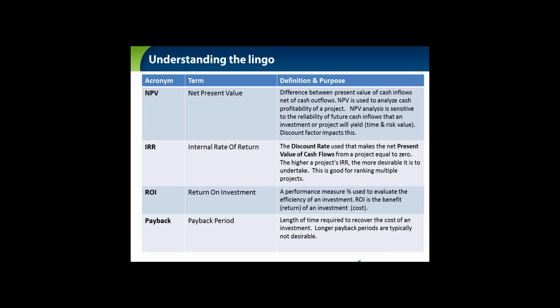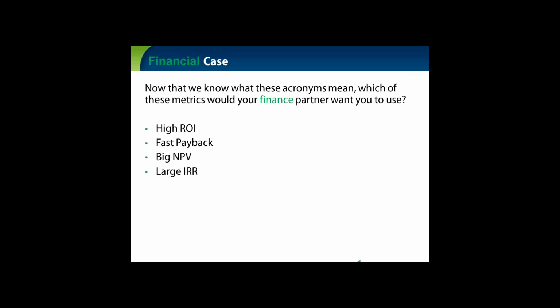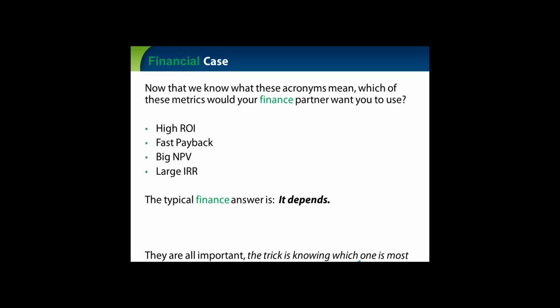Let's go in a little bit more about financial cases. So now that you know what all those acronyms mean, which one do you think your finance partner would most prefer? Well, the typical finance answer is, it depends, similar to a common IT answer. Here's the thing. They're all important.